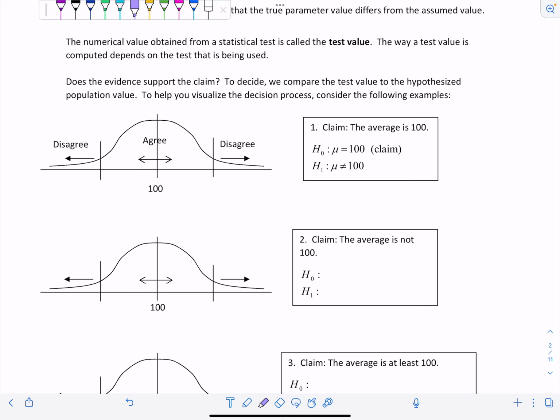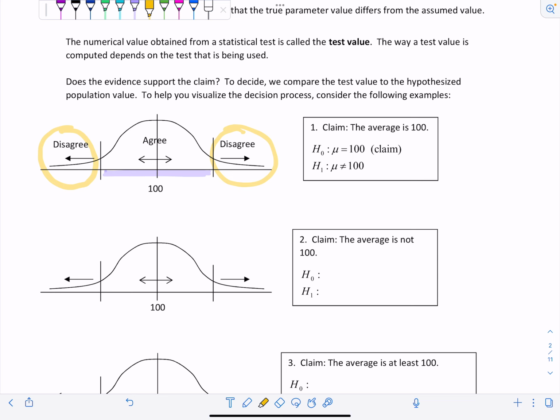You would agree with that if you found a sample and the sample mean's average came out close to 100, right? If it was a little less than 100, okay, whatever. Maybe the sample isn't perfectly representative. If it's a little more than 100, sure. The only time you would say I disagree with the claim is if you get a sample mean that's much smaller than 100 or much larger than 100, right?